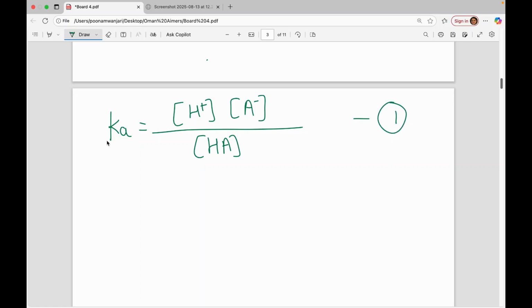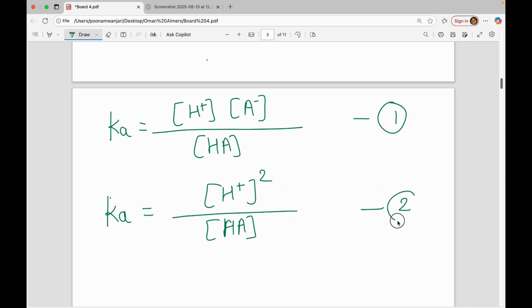If problem is related to dissociation constant, we can use this equation, but here concentration of hydrogen ion and formed negative ions are equal. So we can modify this equation to Ka is equal to H plus square divided by concentration of an acid. This is your second equation.